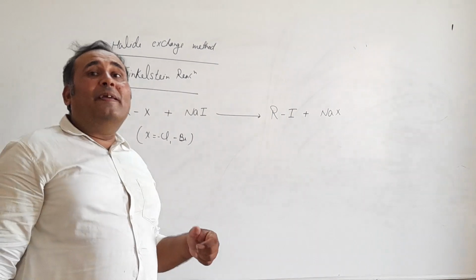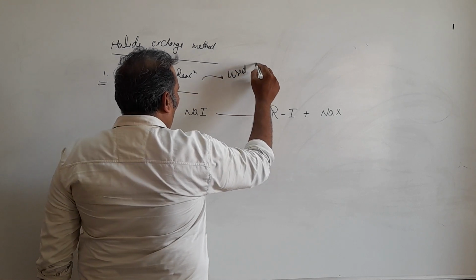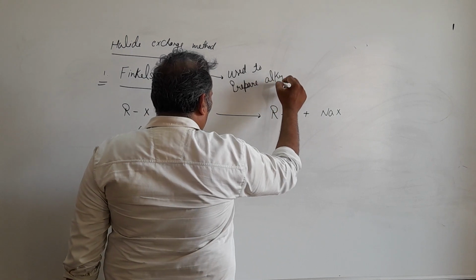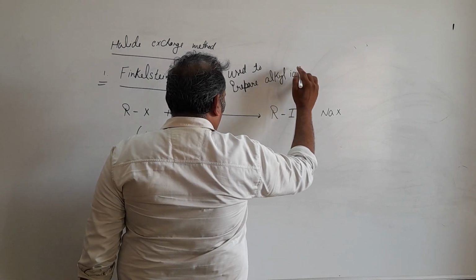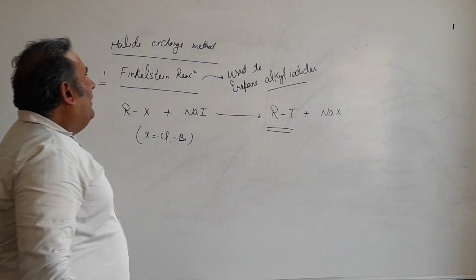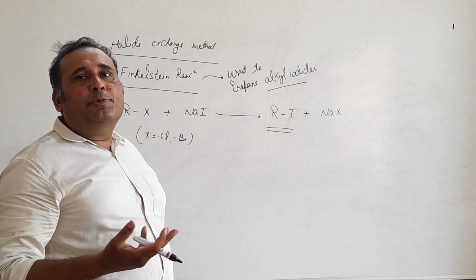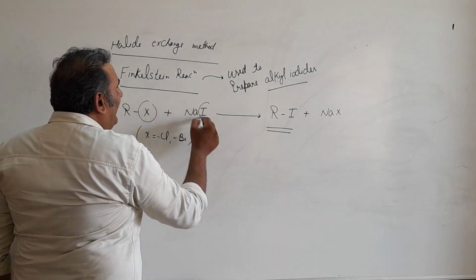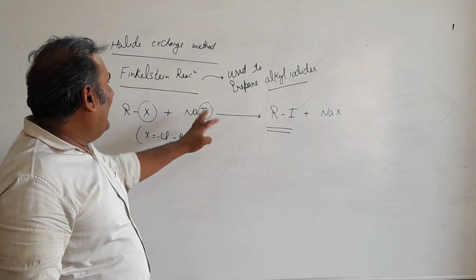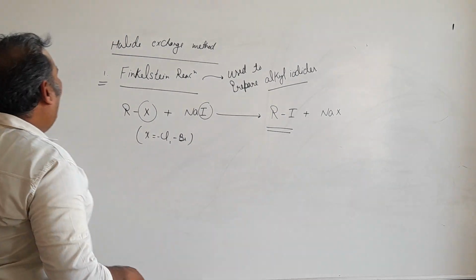That reaction is known as the Finkelstein reaction, used to prepare alkyl iodides. You can understand why it's called the halide exchange method: the halogen atom X is exchanged by iodine.